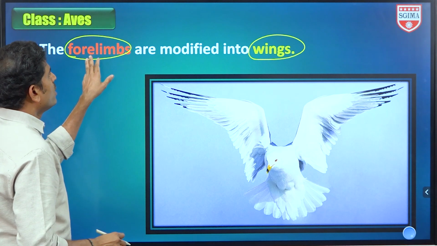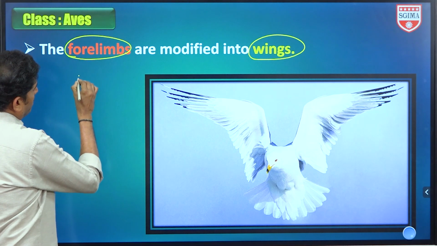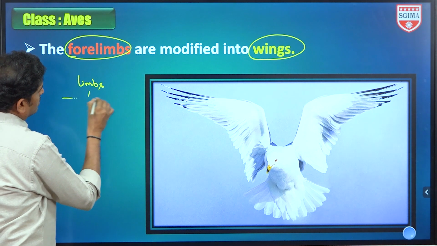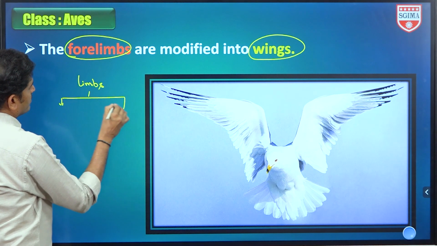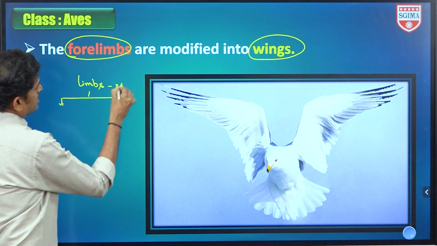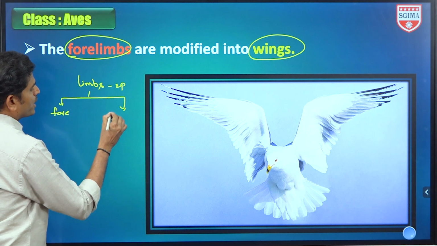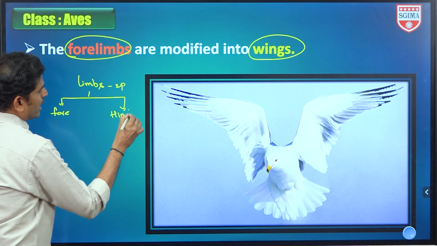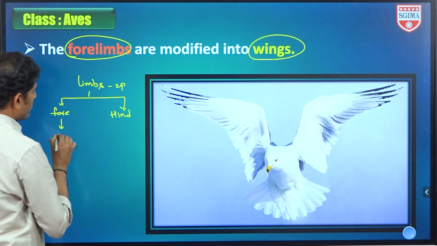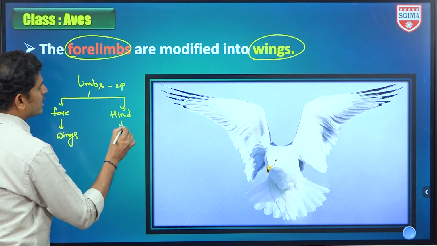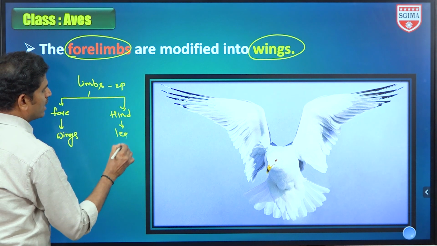First of all, limbs are present because these are tetrapods, with two pairs of limbs. One pair is forelimbs and the next is hind limbs. Forelimbs are modified as wings and hind limbs as legs.